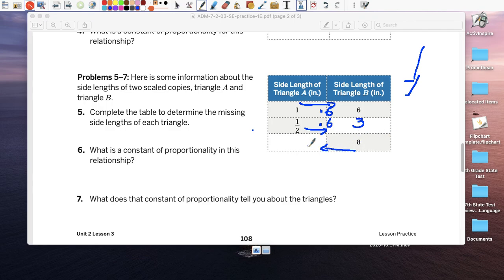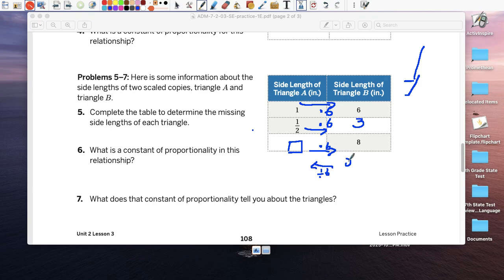Well, it wouldn't be multiplied by 6. So if you think about this, a mystery number here, times 6, going that way, gave me 8. So what times 6 gives 8? In this case, you can think about it going the other way. Going from left to right was times 6, going the other way it's going to be divided by 6.